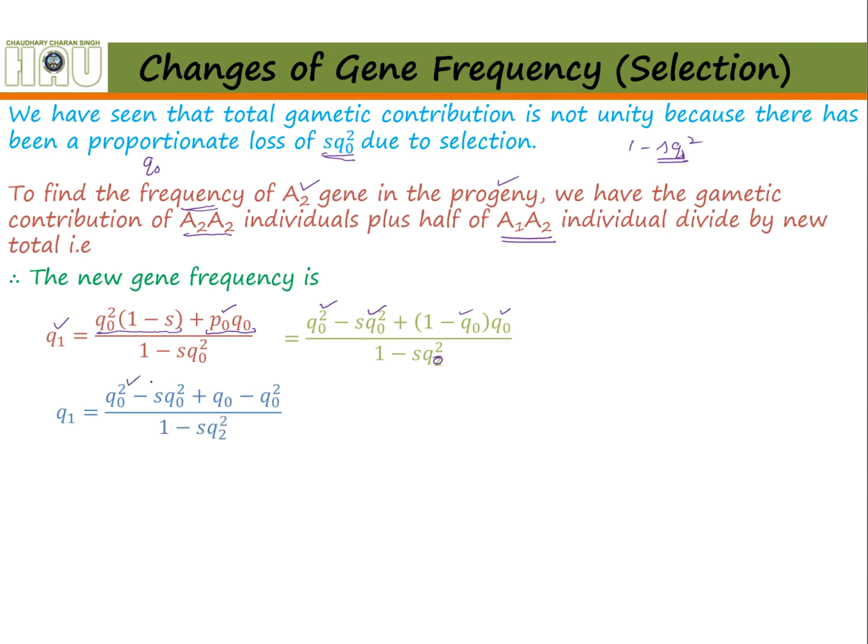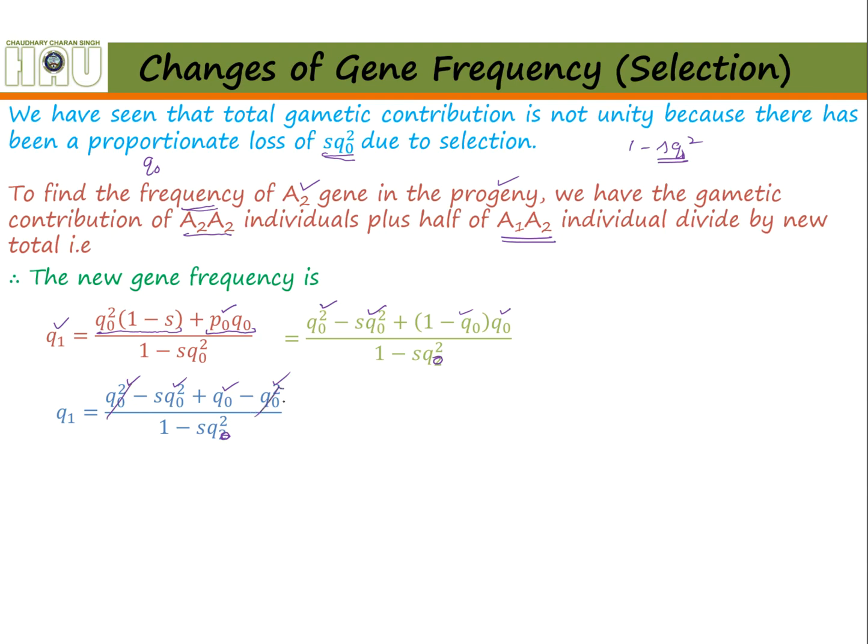If I simplify further, what will I get? Q0 square minus sQ0 square. Q0 is multiplied with 1, so it is Q0, and Q0 is multiplied with Q0, so it is minus Q0 square, all divided by 1 minus sQ0 square.